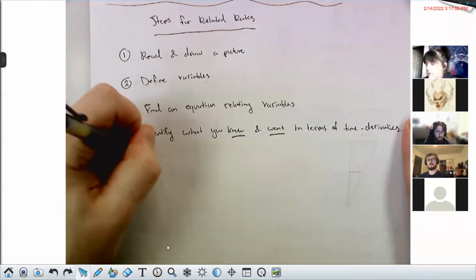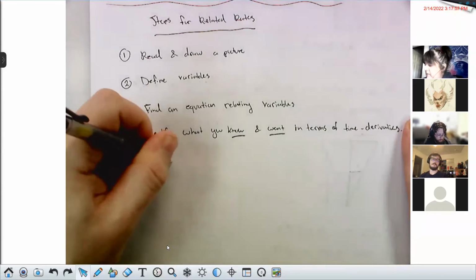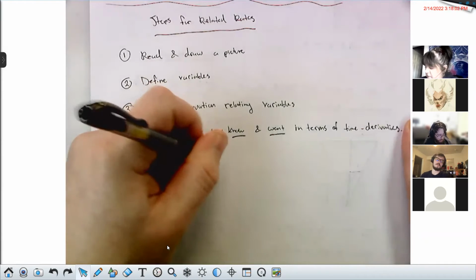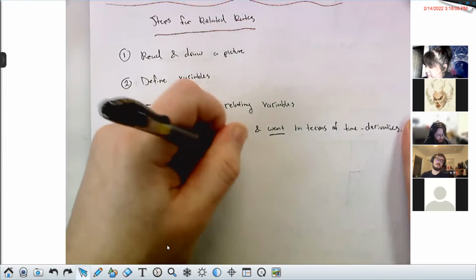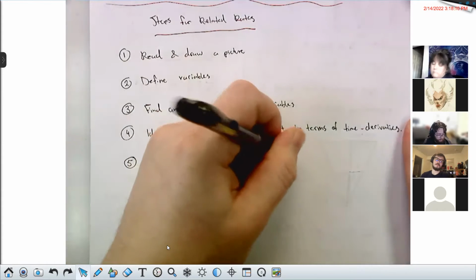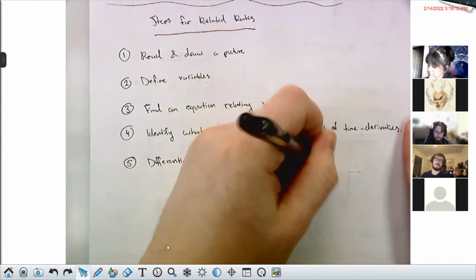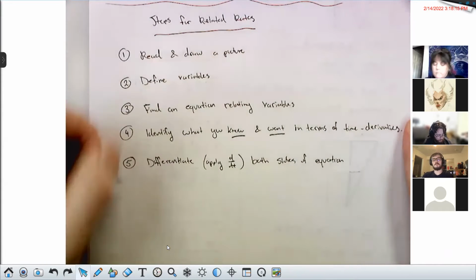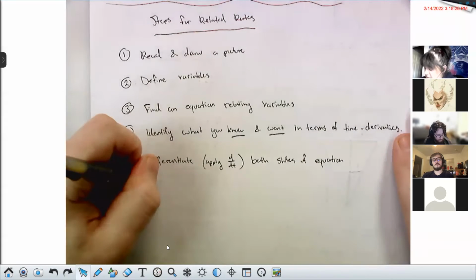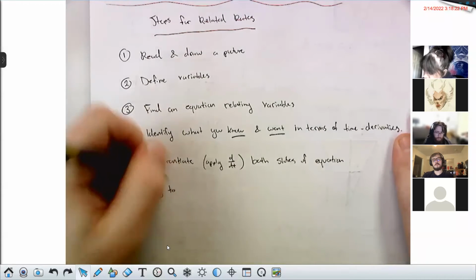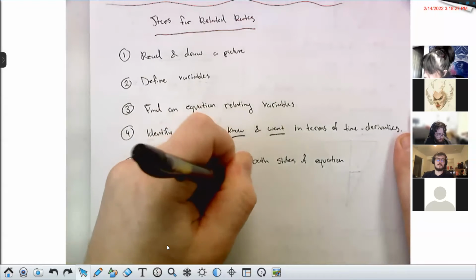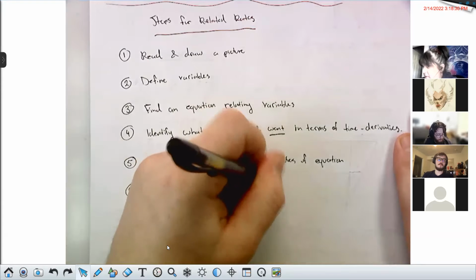Then you're going to differentiate. By that I mean apply d dt to both sides of your equation. And then you're going to try to solve for the desired derivative.